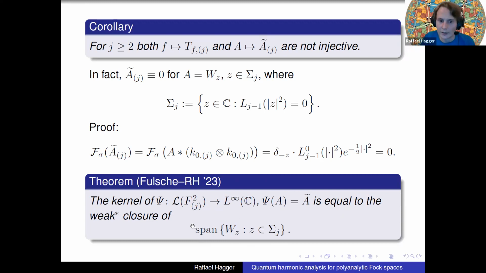So this is really all you can get, because it needs to be a weak star closed Z, so it needs to be at least this, and then you can show with the harmonic analysis that this is actually everything. So we know exactly the kernel of the Bayesian transform.